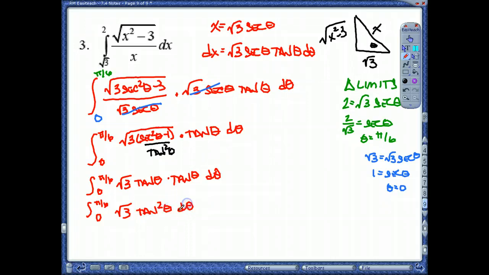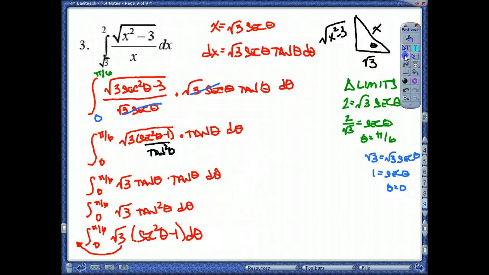Well, I can't integrate tangent squared, but I know tangent squared is equal to secant squared minus 1, and that I can integrate. I'm going to pull that square root of 3 out in front.